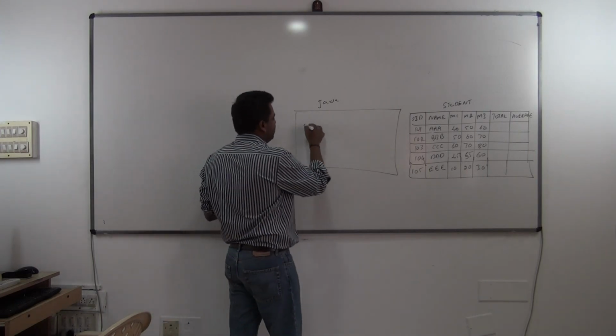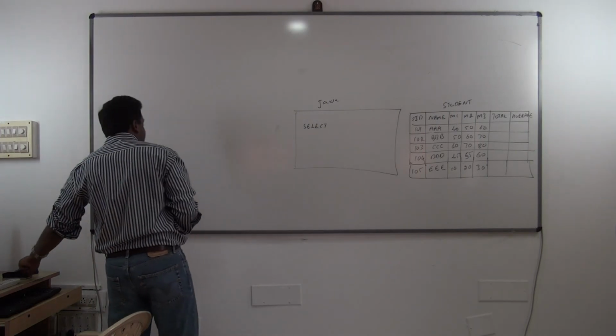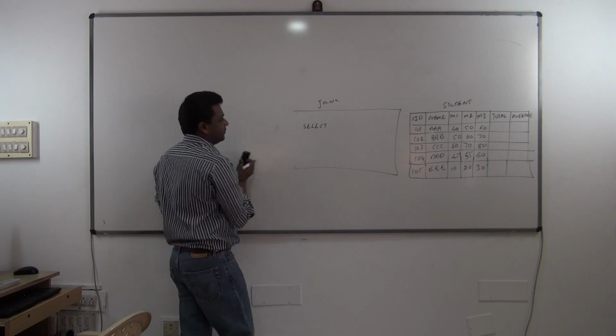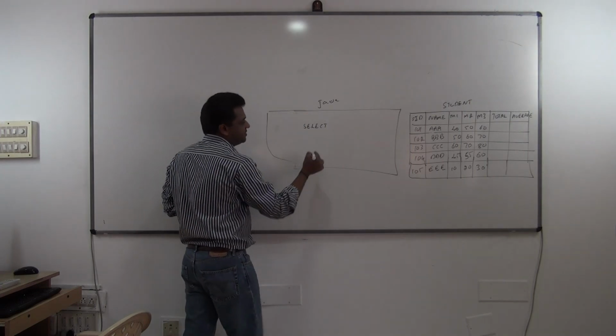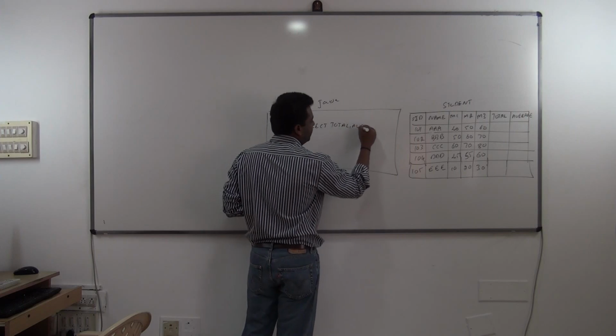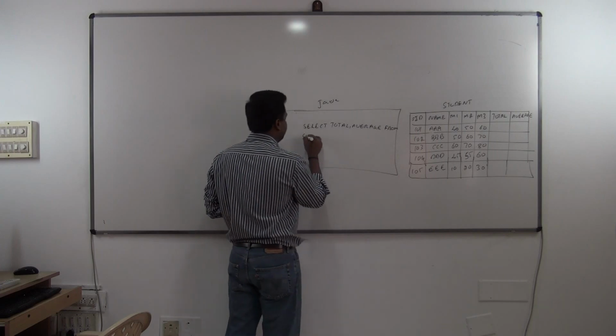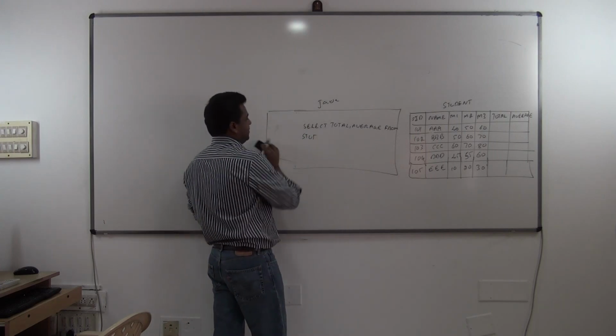First you'll write select. This is one way of writing the logic. Select total, average from student. I'll write it fully.